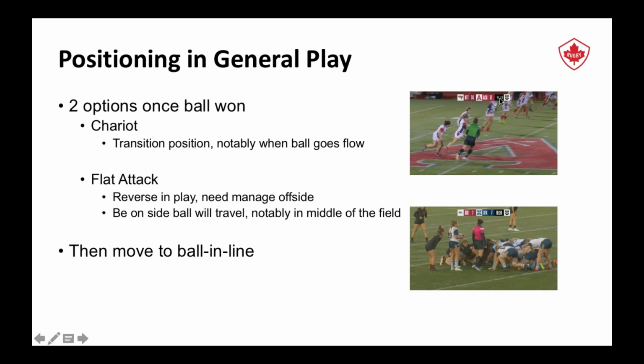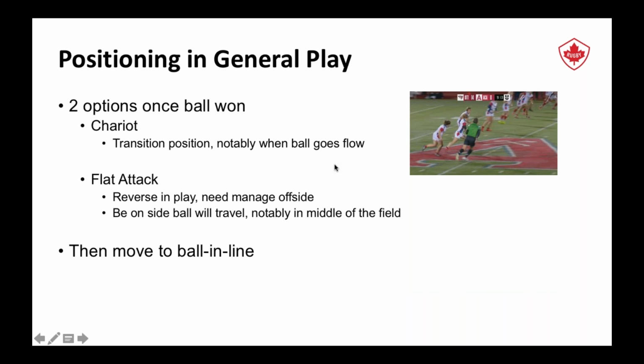So again, not necessarily a hard and fast rule on how close or how far. I think we've seen instances where, when the game is fast, we can allow ourselves far more space and allow ourselves to be further away in order to make sure that we're managing the game while also putting ourselves in a position to get to that next breakdown, knowing that the game will be happening quickly.